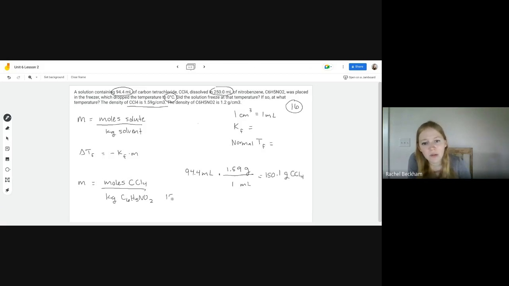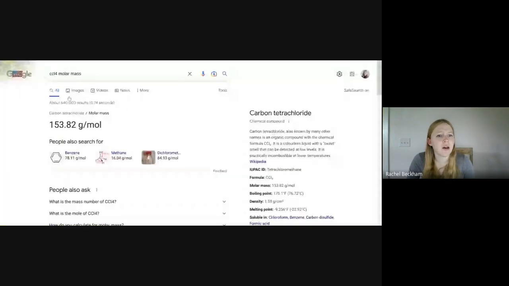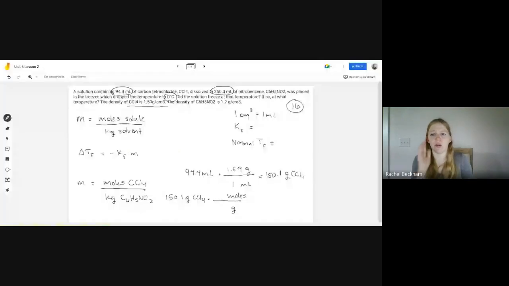Now I can take that 150.1 grams and convert it over to moles using molar mass on the periodic table. So again, I'm just going to look up the molar mass of CCl4. The molar mass of it is 153.8, so I'm just going to write down 154.